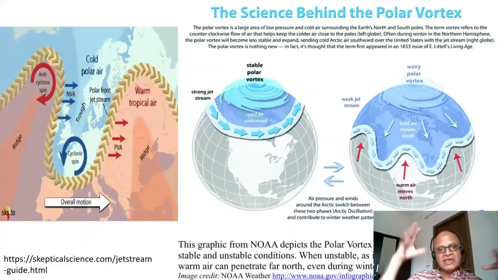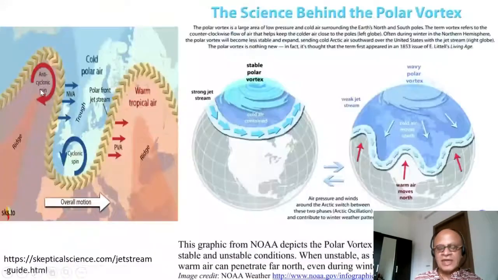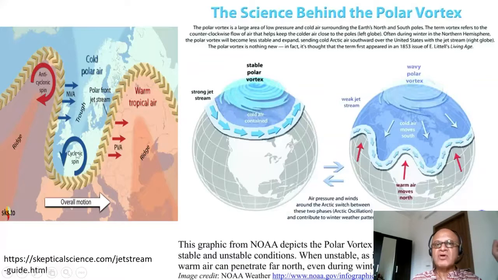Depending on the interaction between the cold polar air and the strength of the ridge of warm air coming up, you can have these wobbles in the jet stream which create very strong weather. So the jet stream puts down weather on the surface.